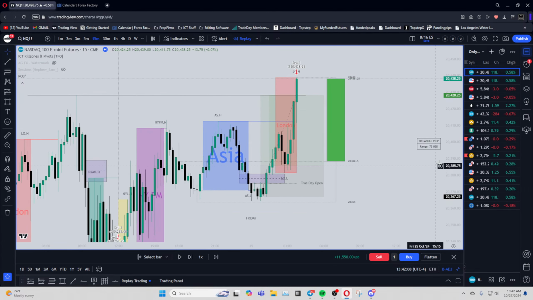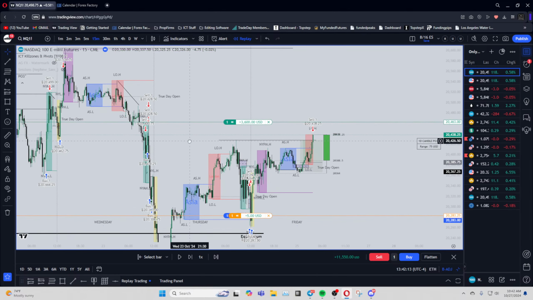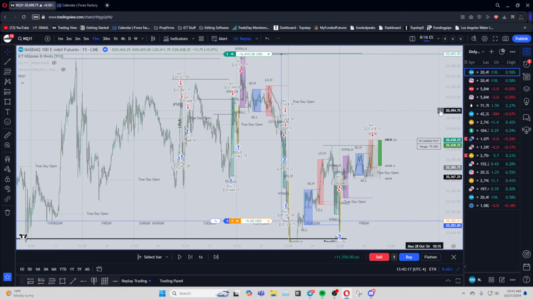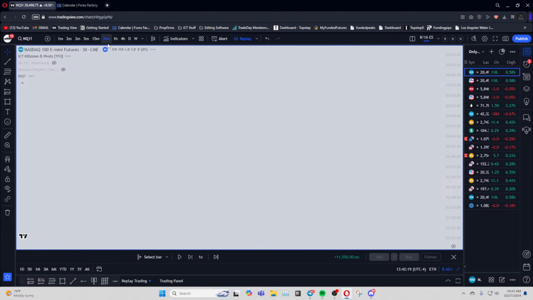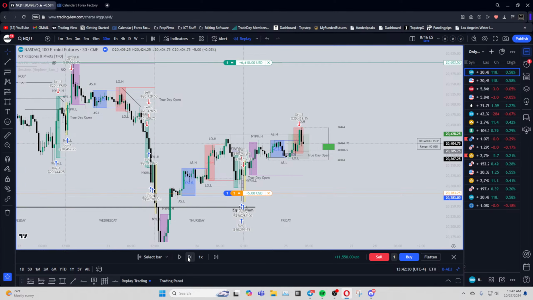So that could have been another entry. Let's see. I'm actually going to move my target up higher, because at this point we've gotten quite a bit of development really early. We already took Asia's low. Looks like London's actually expanding, so we'll see what it does.